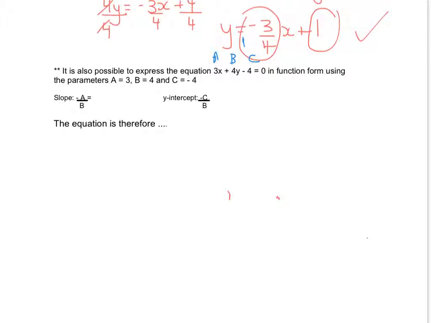So you can determine the slope: y is equal to negative a, which is negative 3, over 4x, and then b is negative c over b, so that's positive 4 divided by positive 4, which is 1. But like I said, if this is too much for you guys to deal with, then you don't need to. Just move everything across the equal sign like I showed you.